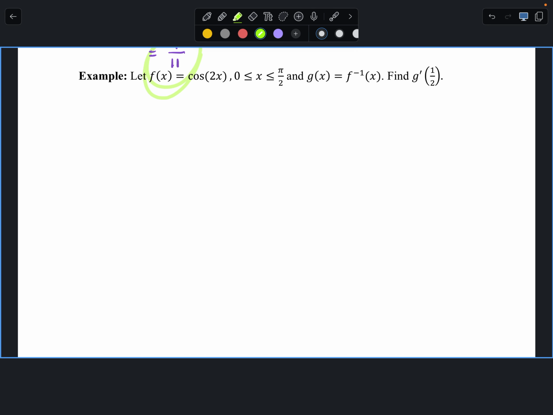So the original formula is times g of 1/2. g inverse of 1/2 is g of 1 and f.